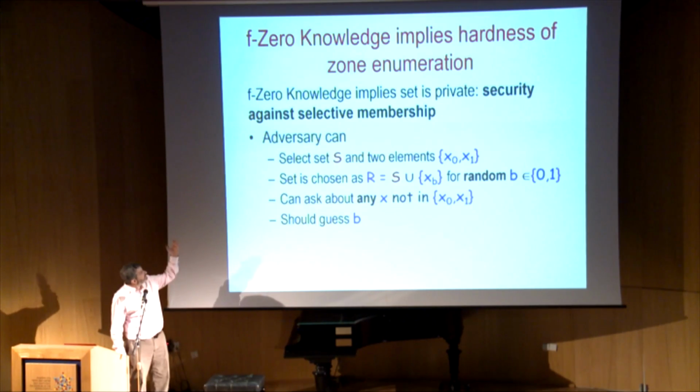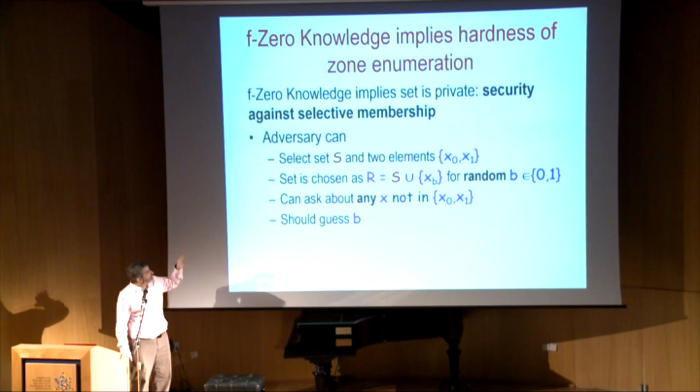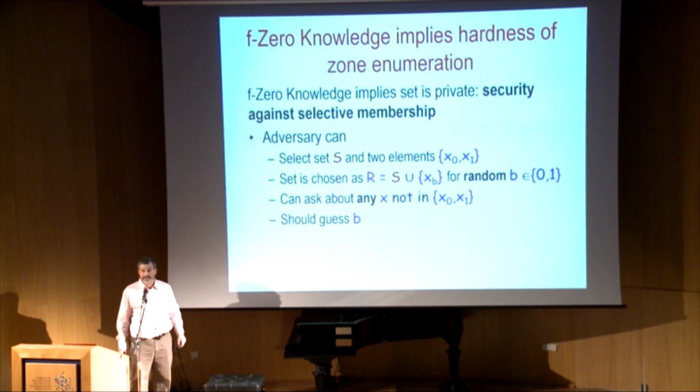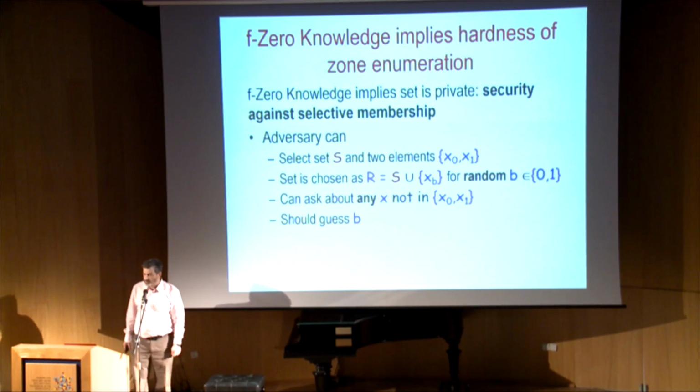So suppose that we want to break the selective membership. So the adversary can select S and two elements, X0 and X1. The set R is chosen as S plus a random element out of X0 and X1. Okay, so either it's S plus X0 or S plus X1.